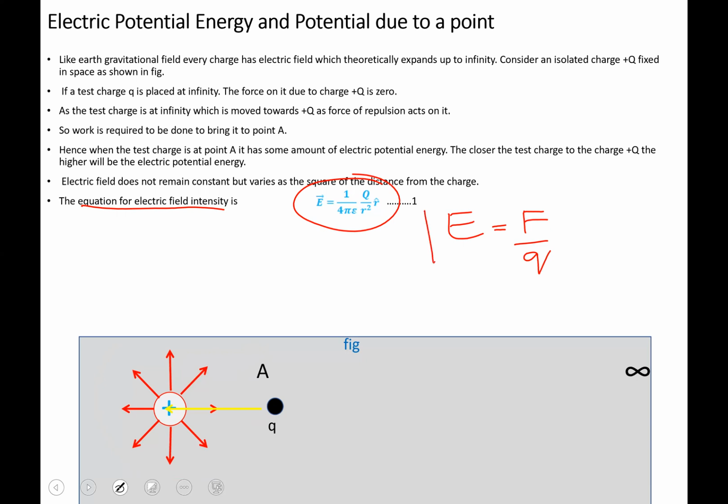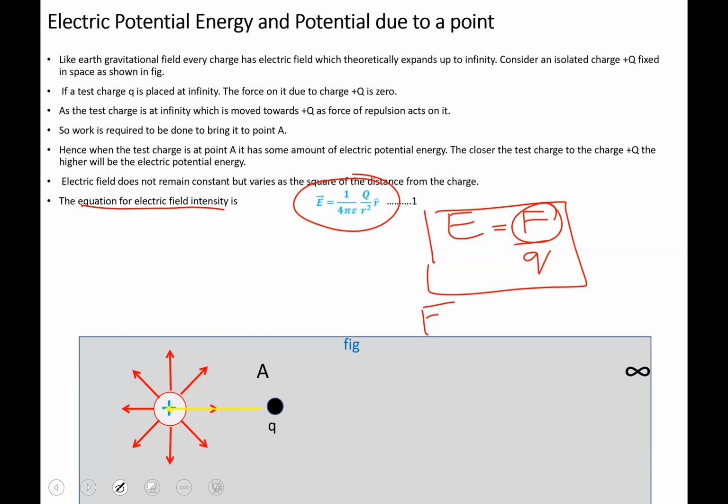We should also remember the formula of Coulomb's law, which was about this force of attraction or repulsion. The electrostatic force is directly proportional to the magnitude of the two charges and inversely proportional to the square of the distance between the two charges.